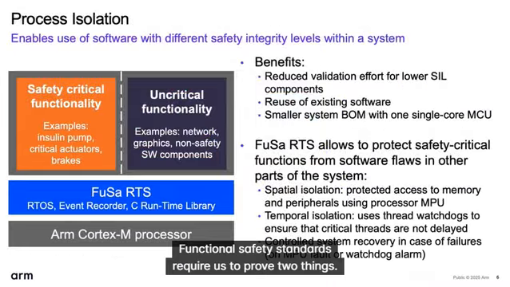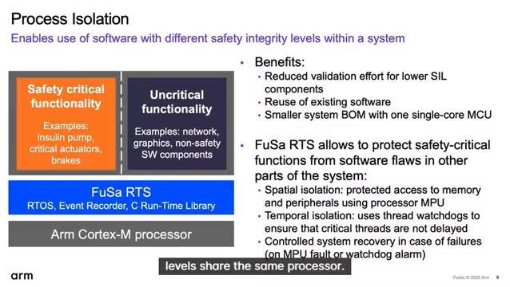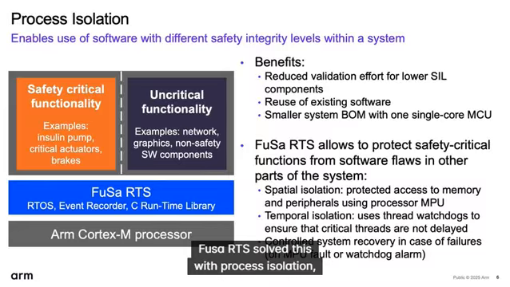Functional safety standards require us to prove two things. First, that software is developed at the right ASIL level, and second, that components don't interfere with each other. That's tough in single-core systems where mixed safety levels share the same processor. FuSa RTS solves this with process isolation, giving us freedom from interference.